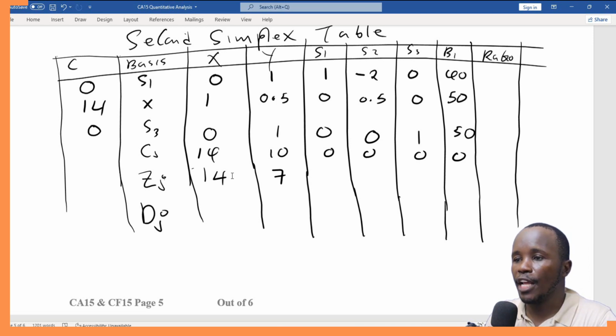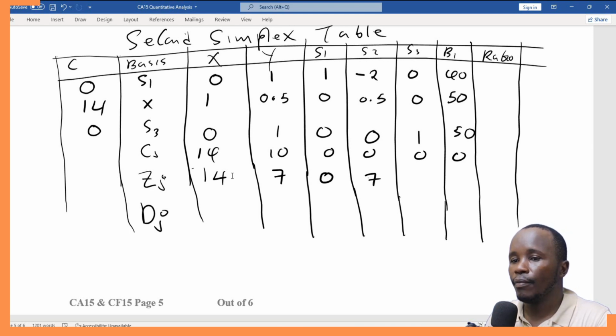Here, 0 times 0, the rest, this gives me 0. Here, 0 times 0, 14 times 0.5, this gives me 7.